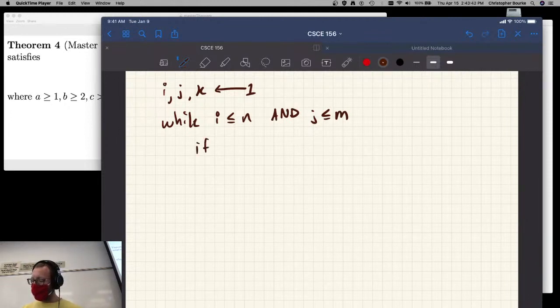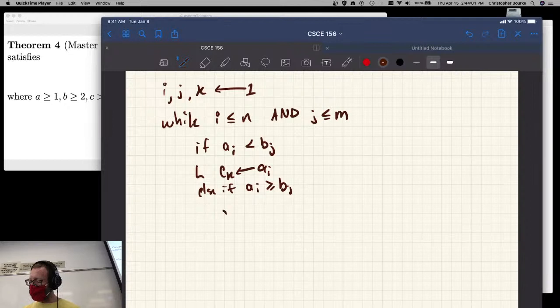So if A sub i is less than B sub j, then A sub i is what needs to go next. C sub k will take on the value A sub i. Else, if A sub i is greater than or equal to B sub j, then C sub k will take on the value B sub j.